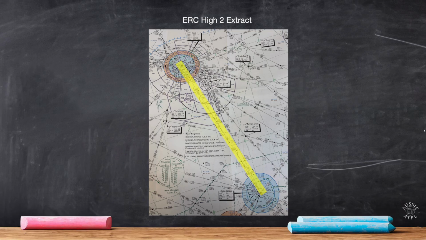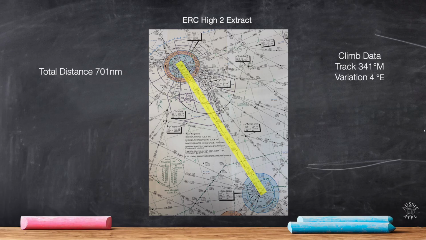Now if you head to your ERC high 2 chart, we'll find the route Alice Springs to Darwin highlighted here. Take note of the total distances and the average track and magnetic variation for climb, cruise and descent. If you write these down now, you'll save yourself going back and forth to the map every time you need any more or any extra information. So we've got a total distance of 701 nautical miles.